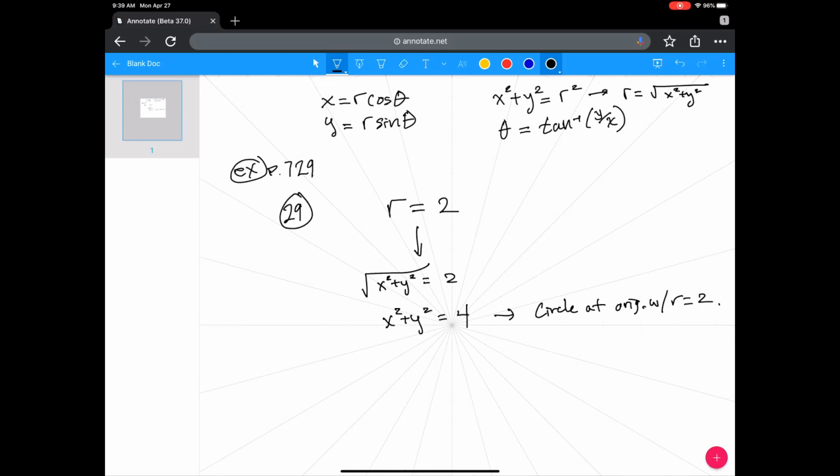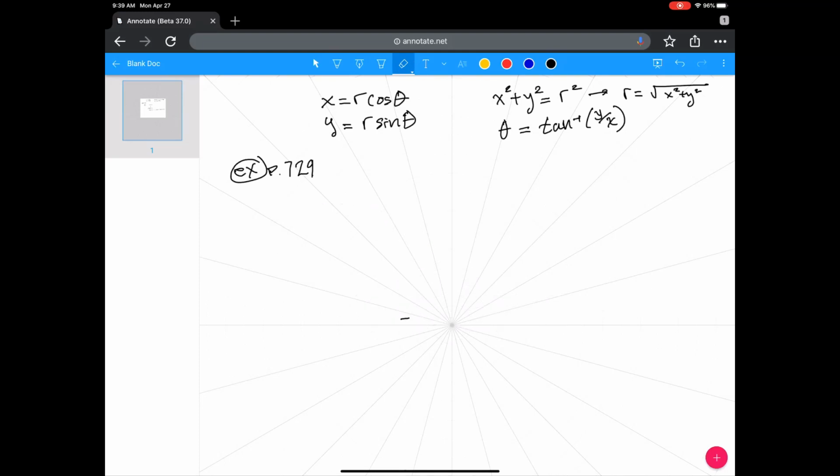So let's try a little bit more elaborate example. That was 29. Looking at that exercise set, let's say we had 31. In 31, we have r equals 2 sine theta plus 2 cosine theta.